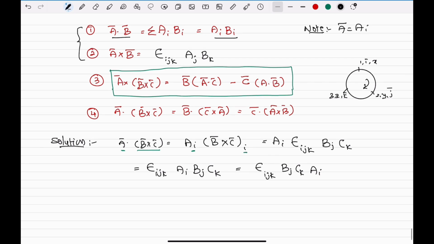Clockwise means positive, anti-clockwise means negative. And epsilon ijk, if you have seen the permutations and combinations which we have defined in the previous class, epsilon ijk is equal to epsilon jki also.